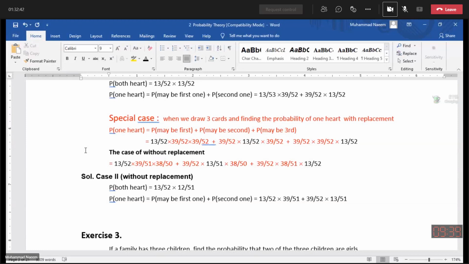So 13 are the favorable cases, but the total is reduced because we have already drawn two cards and not replaced. So this is the difference. This is called probability.